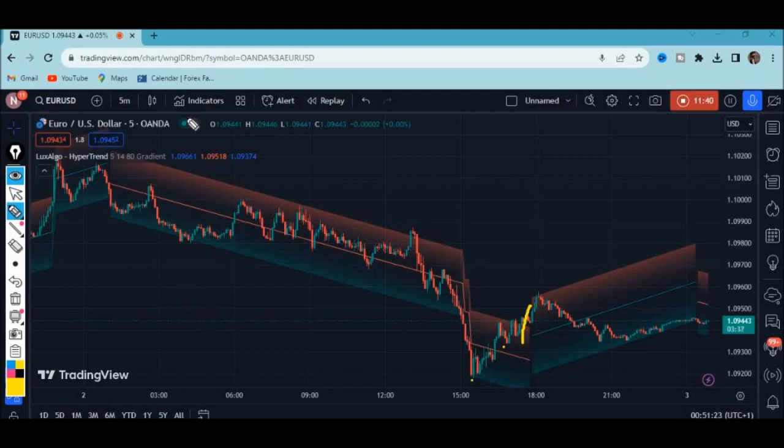Even when you backtest this, you're just going to see that what I'm telling you really works and is very, very accurate. This indicator is very accurate when you are using it, because number one, it helps you know who is in control of the market. These lines will always guide you, and all you really need as a trader is to pay attention to where candlesticks are actually closing. The center line will always guide you.